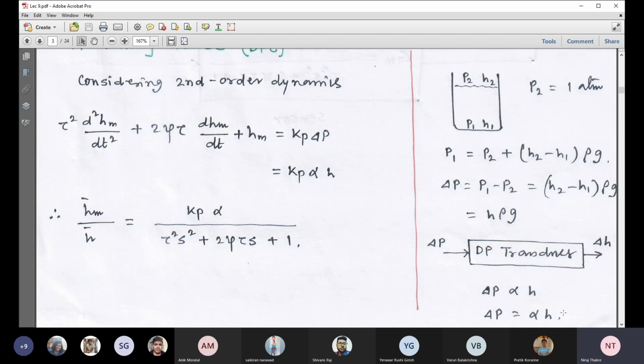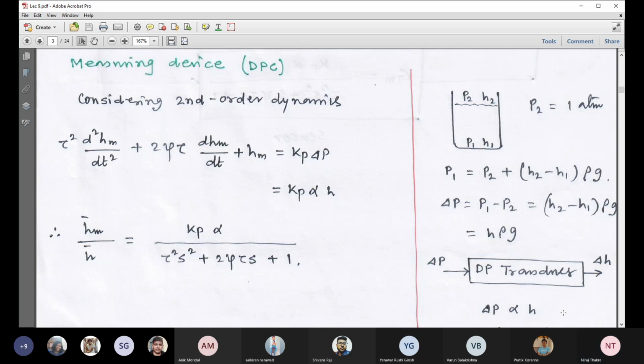Now you come to the left hand side: the measuring device, the differential pressure cell. For this differential pressure cell, we have second order dynamics. In fact, the measuring device will be discussed in the instrumentation part.